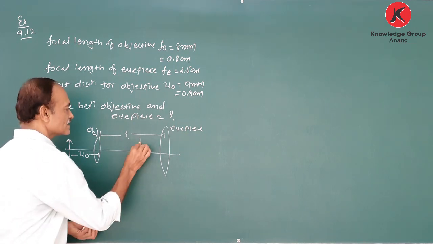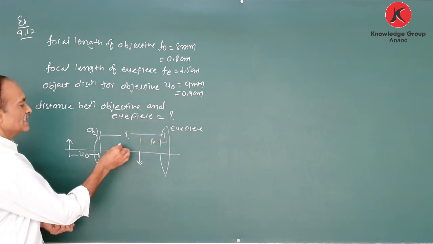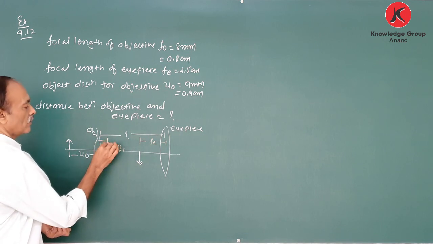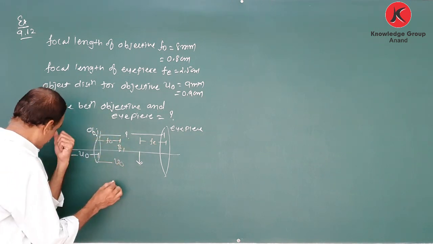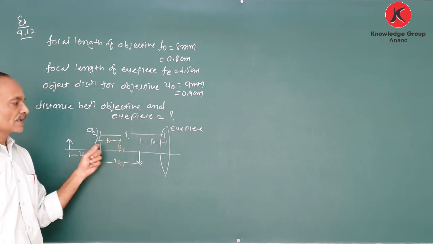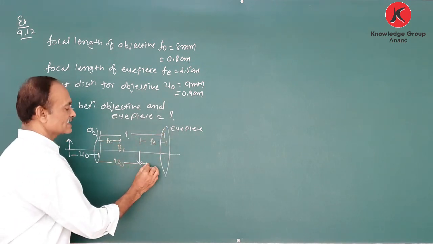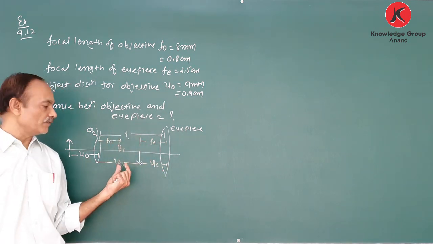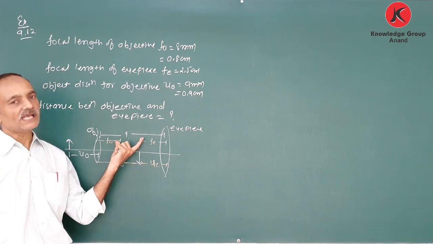So this distance is our FE. This distance is our FE. This distance is V0. Now this distance is our image distance for the objective, and that is our object distance for eyepiece, that is the UE. Now the addition of V0 plus UE is the separation between the two lenses.